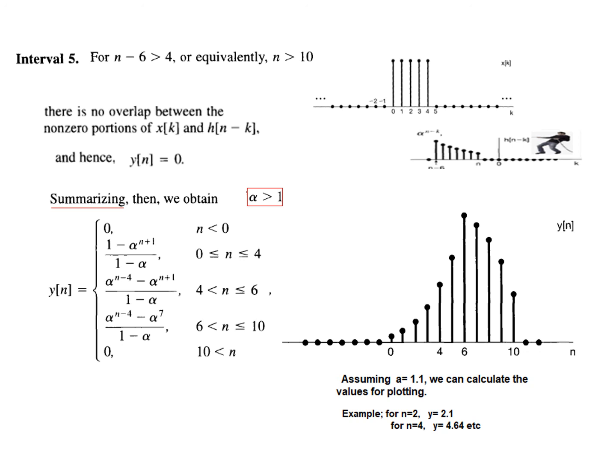Same way you can put all the values. For n greater than 4 and less than 6, we will use this formula. For n greater than 6 and less than 10, we'll use this formula. So you can calculate all these values if you want, and the plot will be something like this. I hope this gives you an understanding of how to solve this type of problem. Thank you.